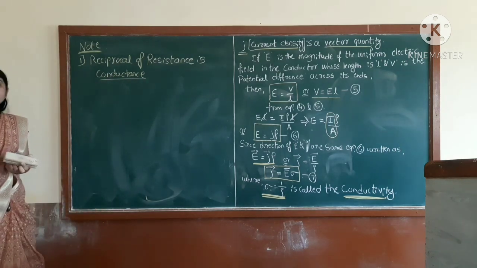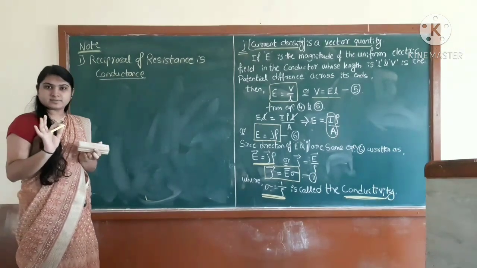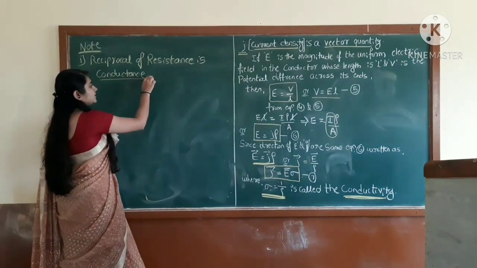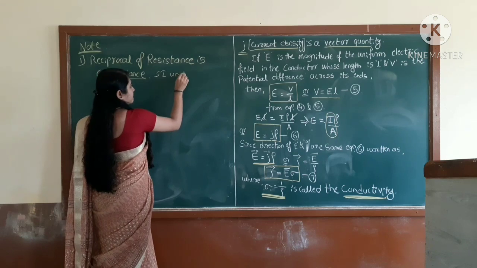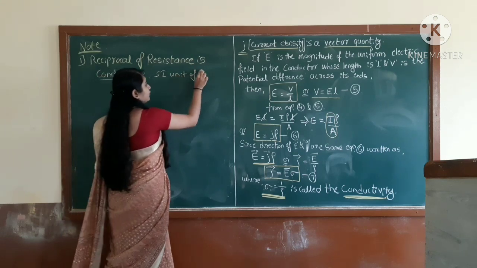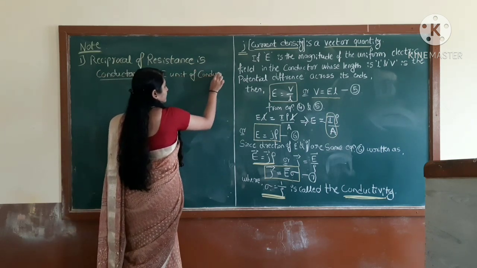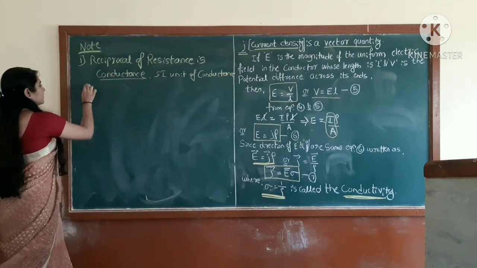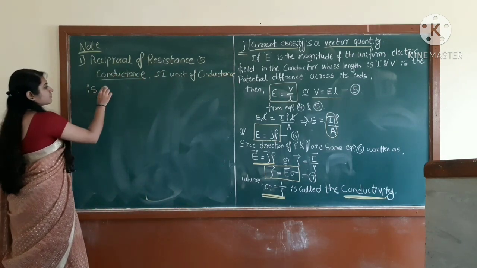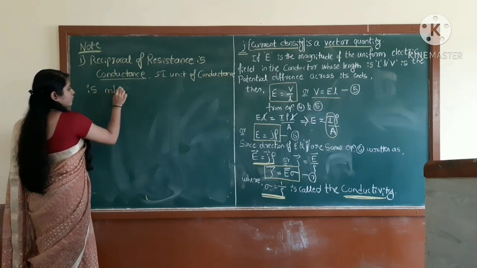Reciprocal of the resistance is the conductance. And then the SI unit of conductance is mho.